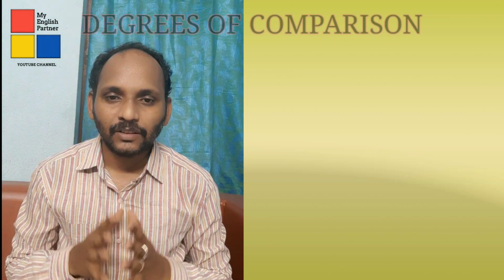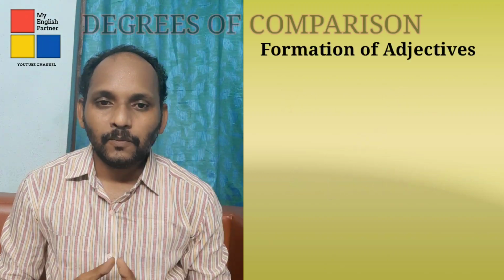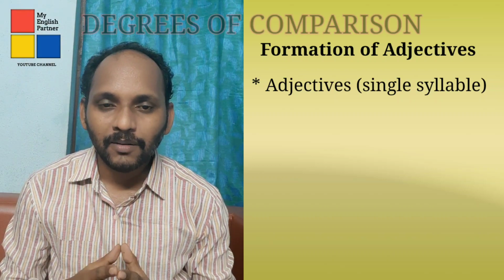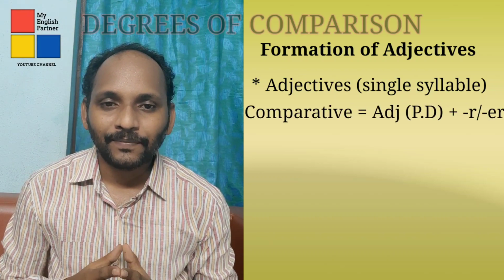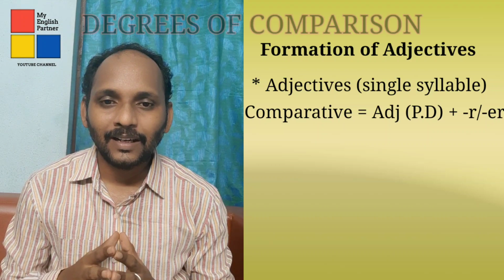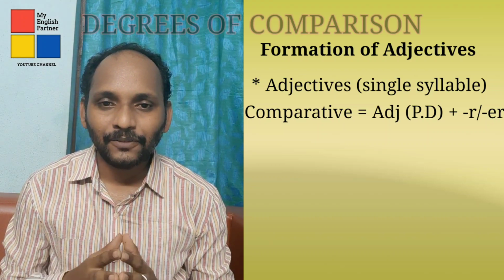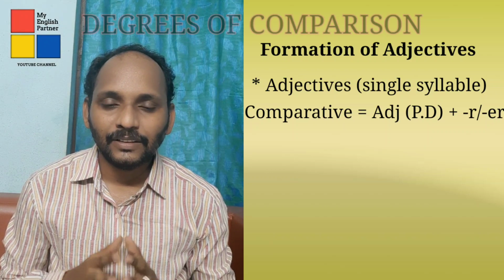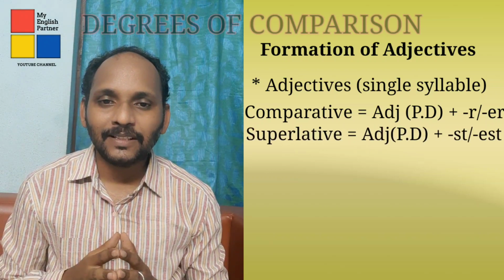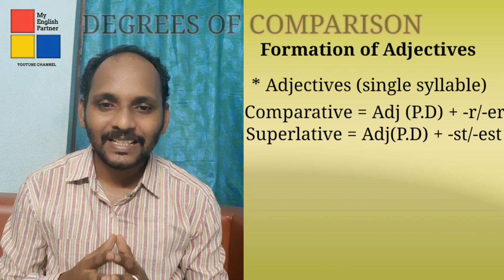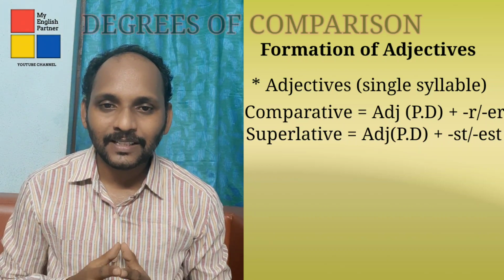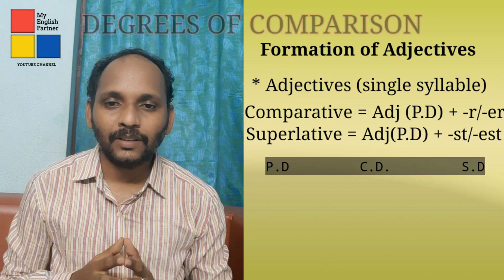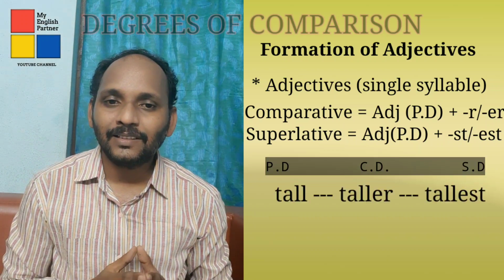So let us discuss the formation of adjectives. Most adjectives have a single syllable. They form their comparative degree by the addition of r or er as the suffix to the base form, the positive degree. They form their superlative degree by the addition of st or est as the suffix to the base form, the positive degree. For example, tall, taller, tallest.